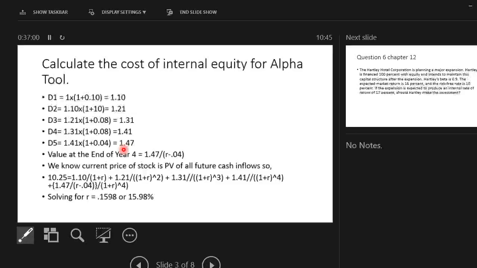And then they'll tell you that this share is giving a current dividend of $1. So your D0 is $1. And then they will tell you that the dividend is expected to grow at a 10% growth. So now they will say, calculate the cost of that stock.